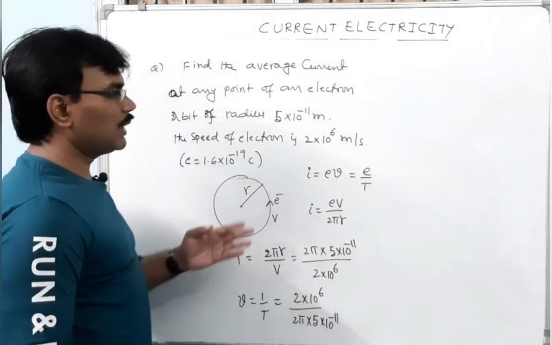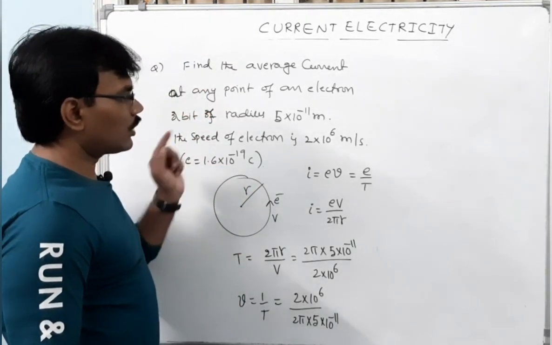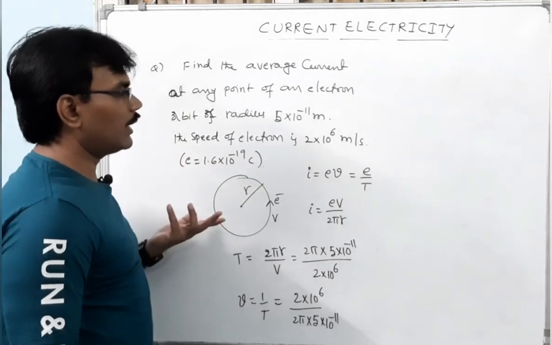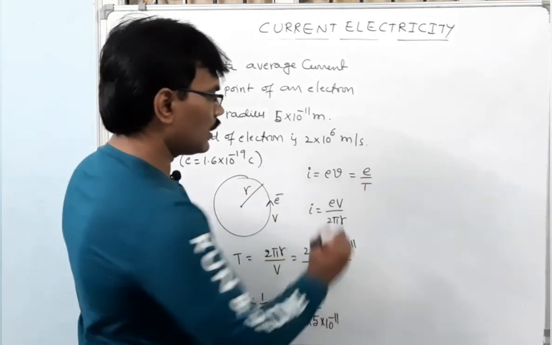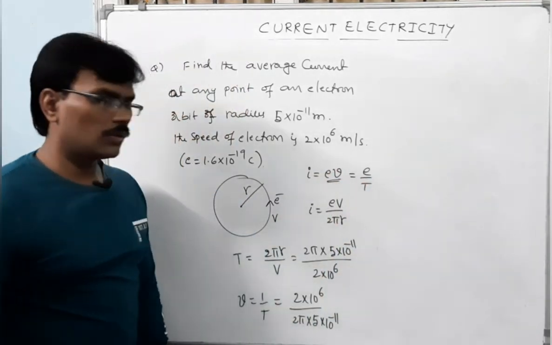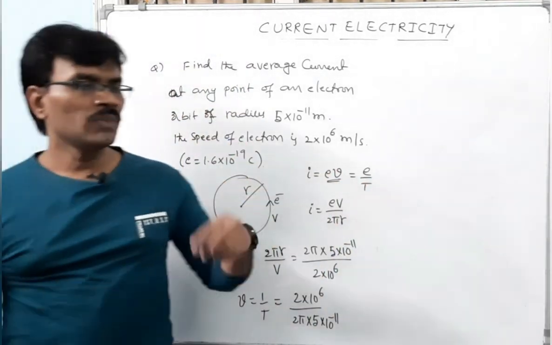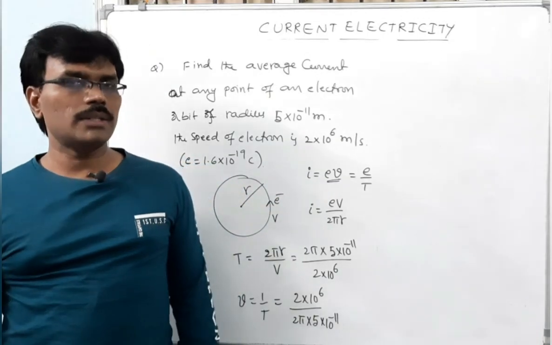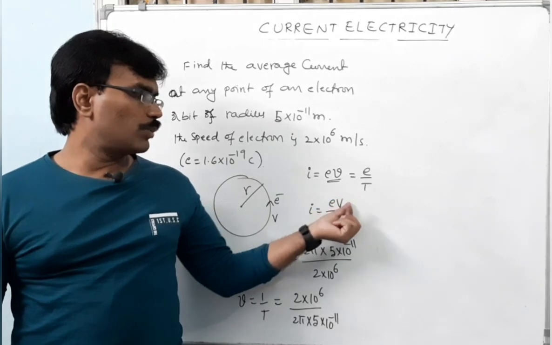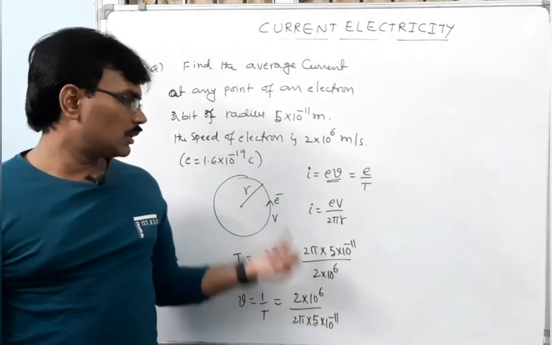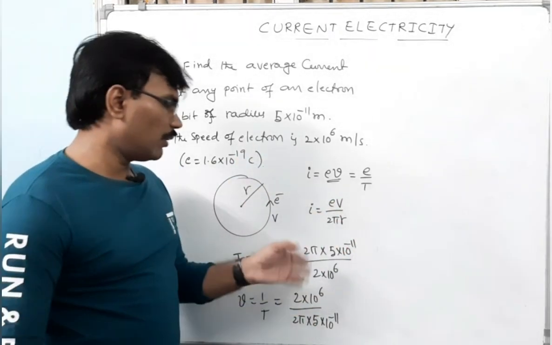If simply the number of rotations made by the electron in 1 second is given, that is the frequency, so directly this formula you can apply. If speed and radius of the orbit are given, then apply it like this. I'm giving for both, right?